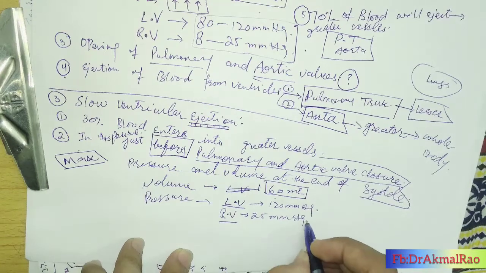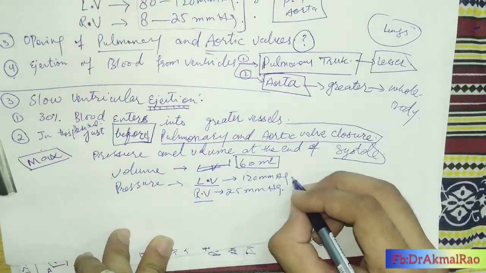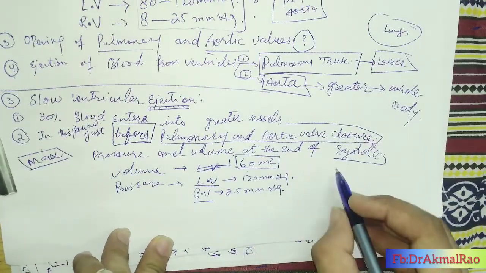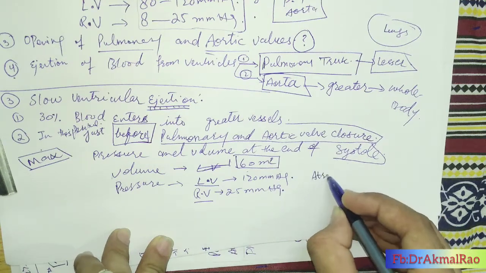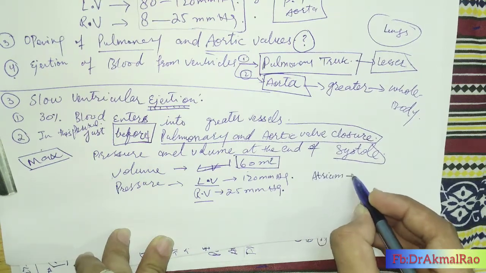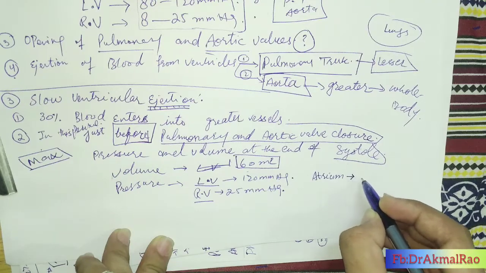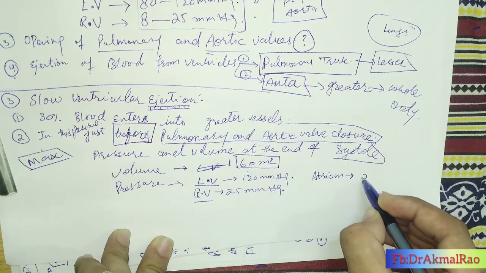So if you want to write, you can note it, but there is no need. The atria are relaxed, they are doing nothing in this period, so the pressure will be 0.